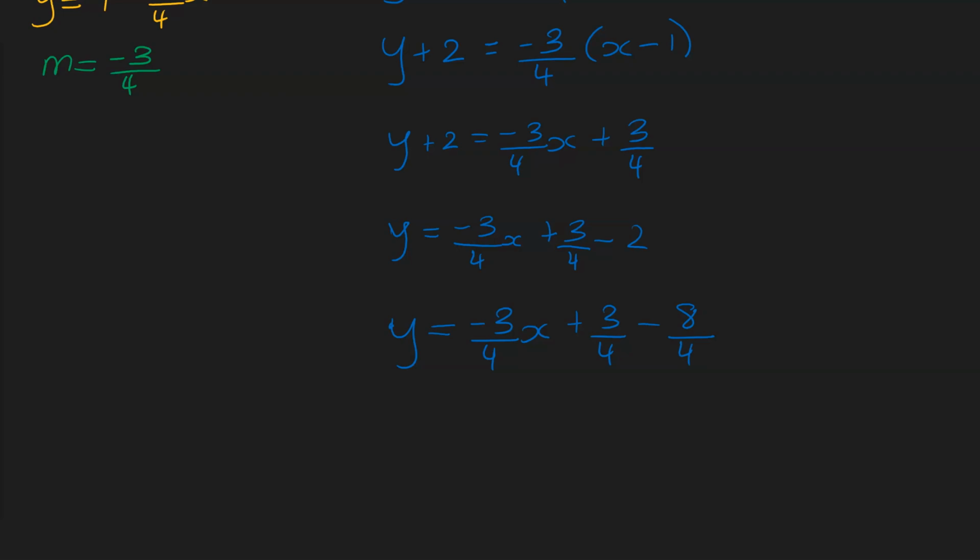Therefore y equals negative 3 over 4 x minus 5 over 4.